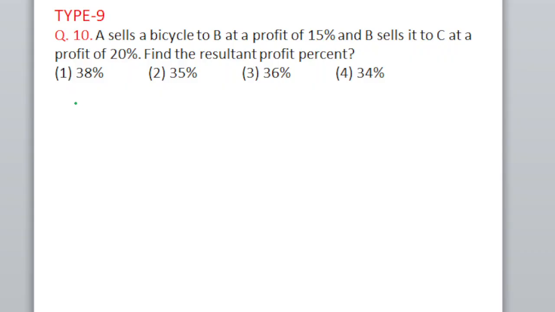Now the first method. It is given that A sells a bicycle to B at a profit of 15%. Profit means plus 15%. And B sells it to C at a profit of 20%.